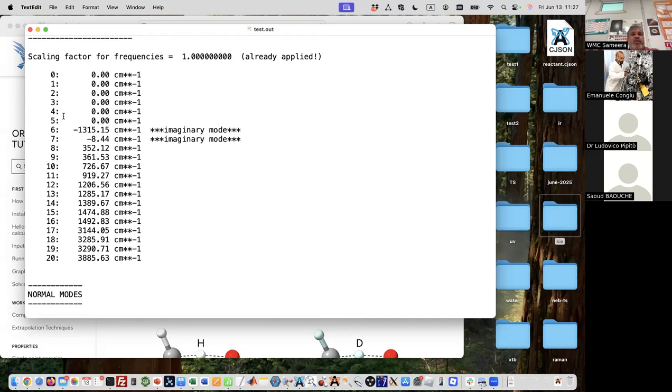Here you can see I have one imaginary frequency, a relatively large one, and also another smaller one. So it is not good. We must repeat the computation anyway.